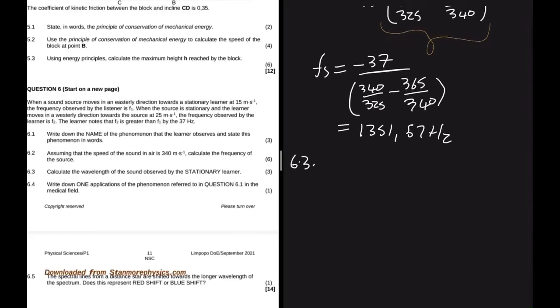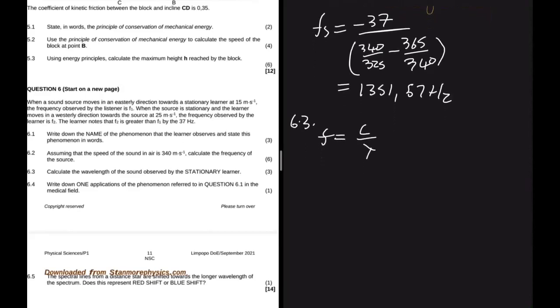So let's do 6.3. 6.3 says calculate the wavelength of the sound observed by the stationary learner, right? So we know that frequency equals speed divided by wavelength. If we make the wavelength the subject of the formula, we get wavelength equals speed divided by frequency.